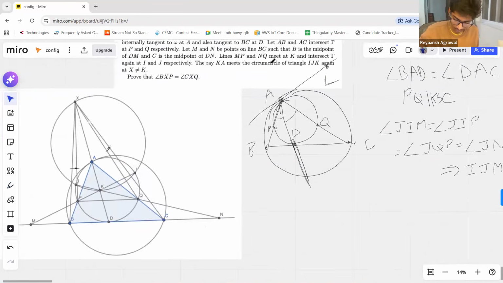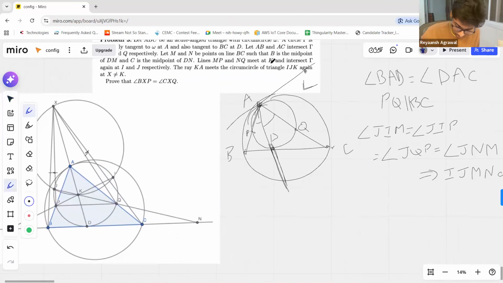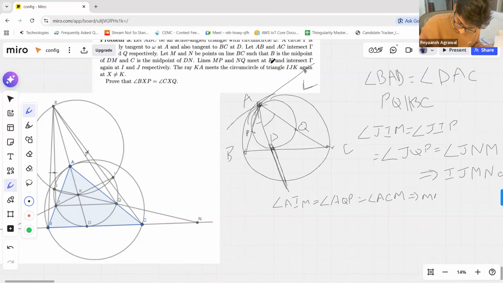So I'll write that as well. Angle A equals angle P equals angle ACM. Therefore, AICM is cyclic. Is there anything else we can say that is cyclic?